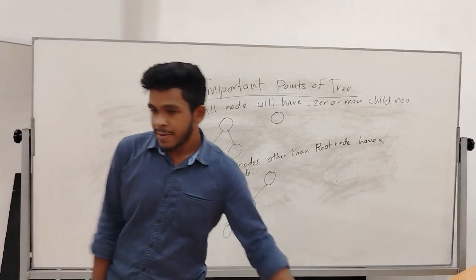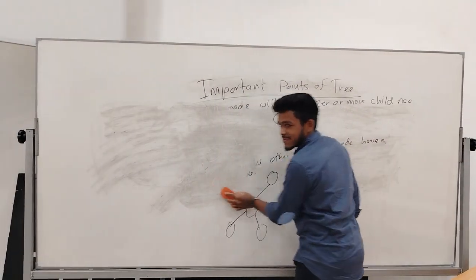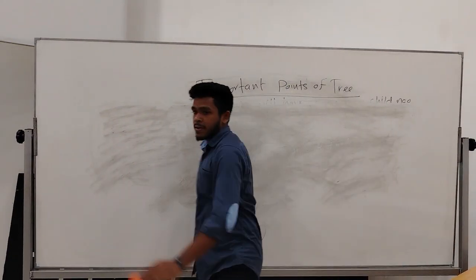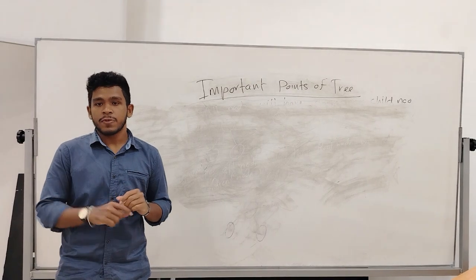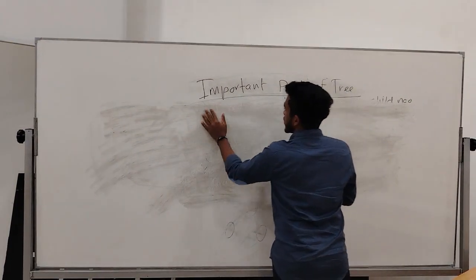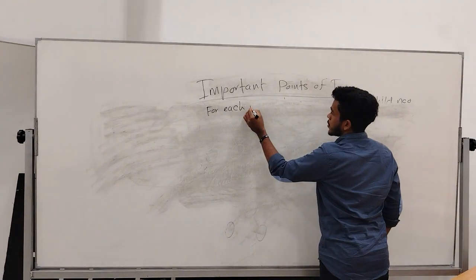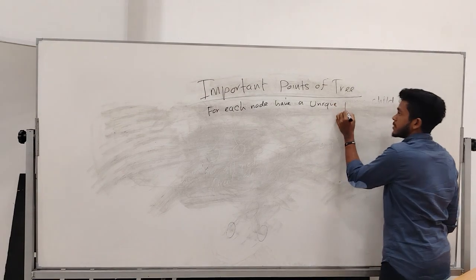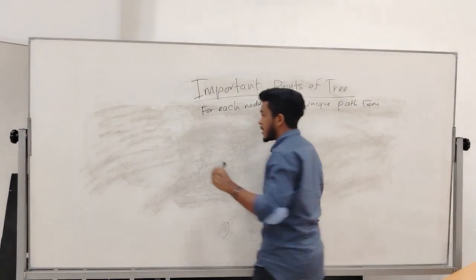And for each node in a tree there exists a unique path from the root node to that specific node.